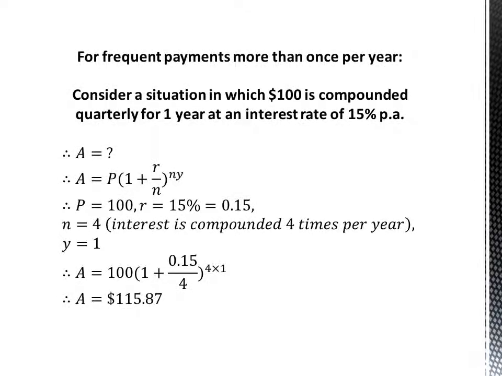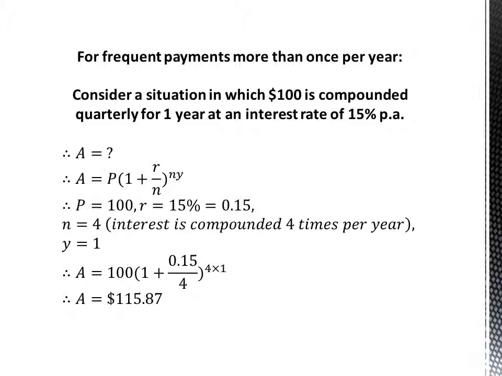For frequent payments more than once per year, consider a situation in which $100 is compounded quarterly for 1 year at an interest rate of 15% per annum. In this situation, we're trying to find the amount loaned or invested after Y years. So we use the formula, which has been explained before, where the interest is compounded more than once a year.